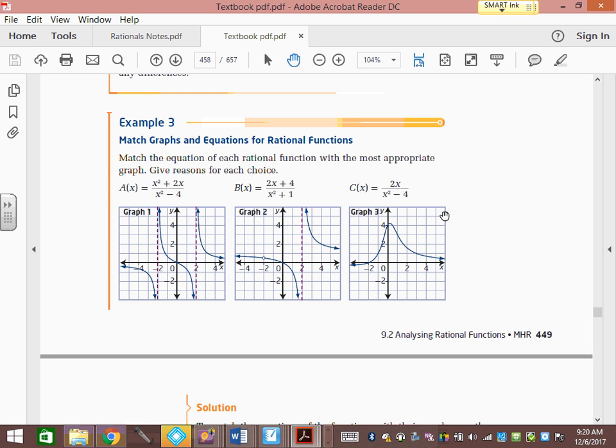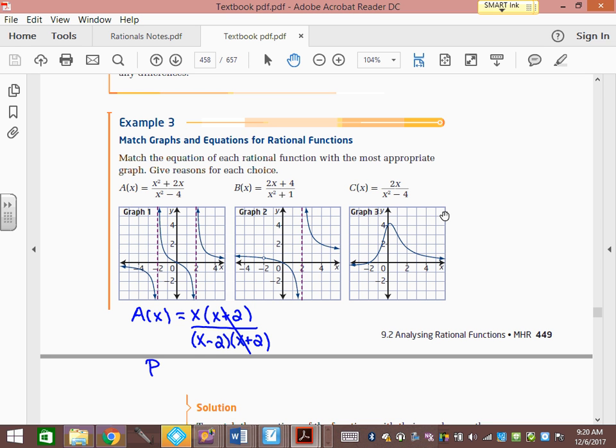Right? So if we look at a of x, this is in your notes. It says look at example 3 and then do the other. You're going to try the other one. So here we have x and x plus 2 over x minus 2x plus 2. So the x plus 2's cancel. So what does that tell me?